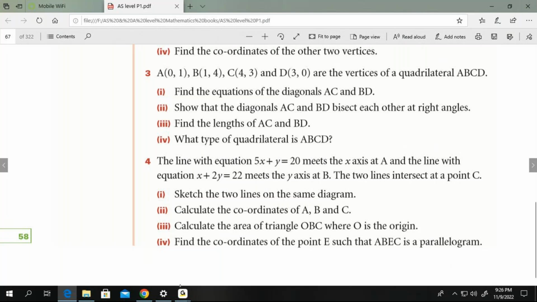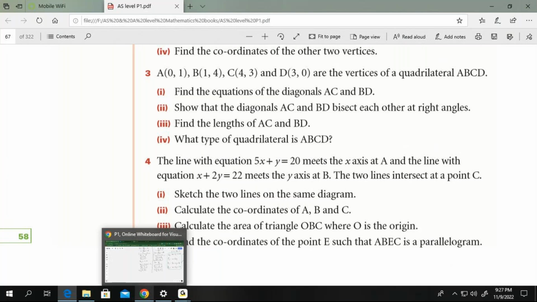Get the slopes and then see if the product of the slopes is giving you -1 or not. If it is giving you -1, it means AC is perpendicular to BD. And then the next thing is bisection. Bisection means they are dividing each other into two equal parts.